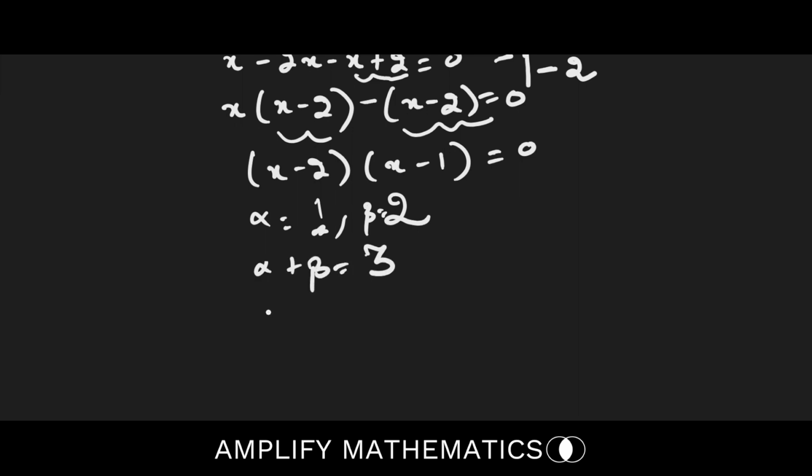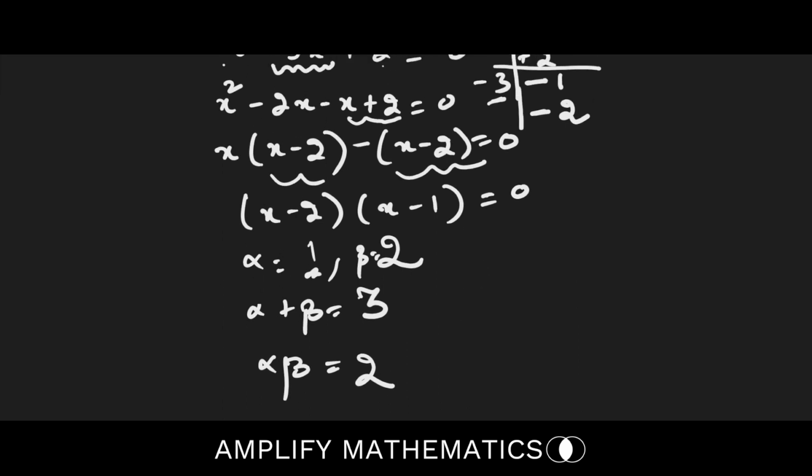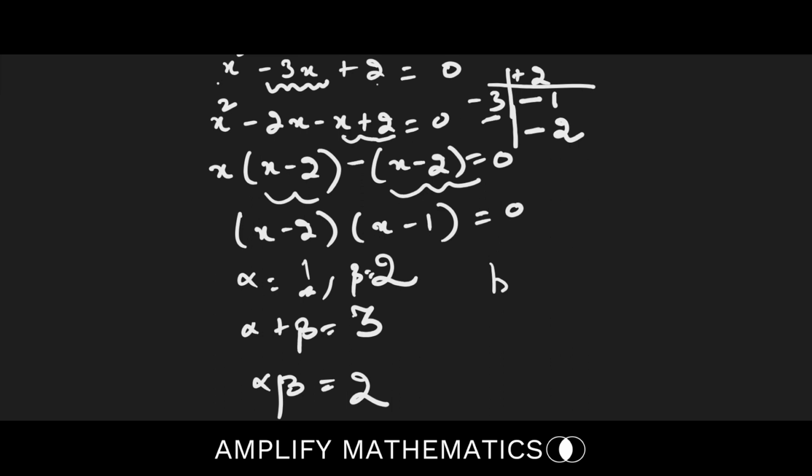Okay, and alpha beta is 2, and this should equal to minus b by a. Let's calculate the value of minus b by a. b is minus 3, a is 1 and c is 2.